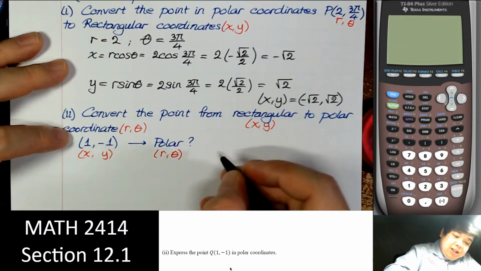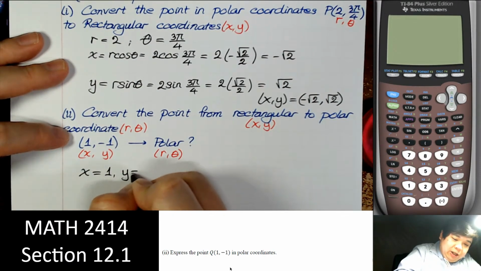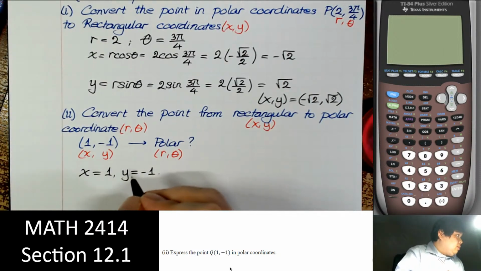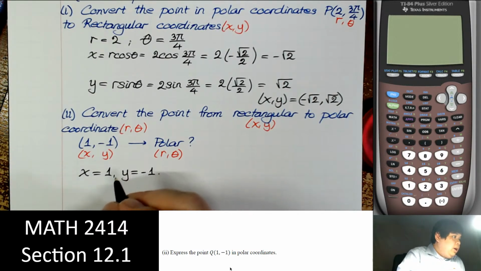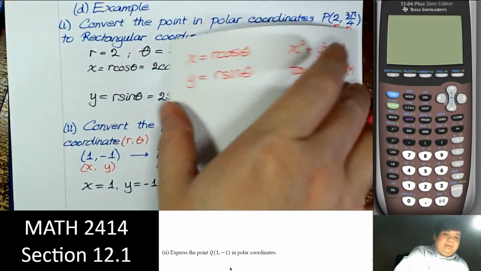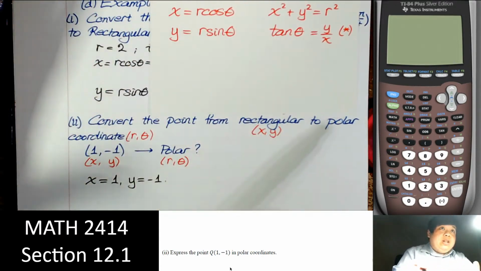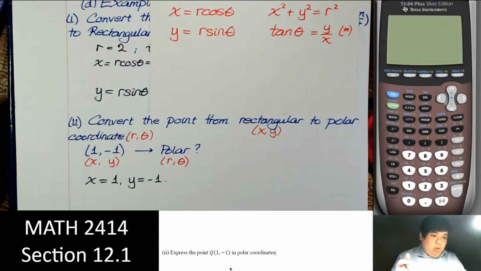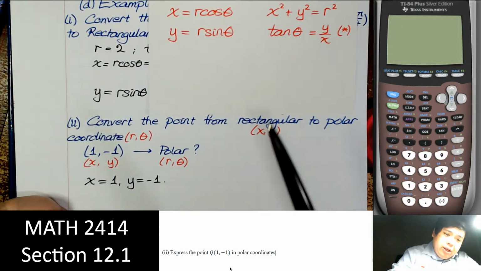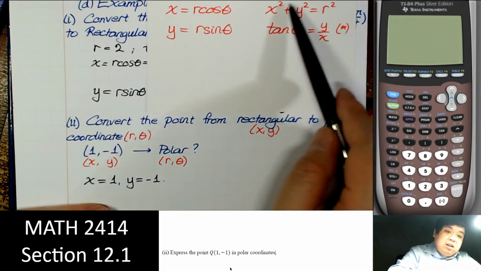So first, x is 1 and y is negative 1. How do we turn this into r and theta? Well, those are the formulas relating r and theta to x and y. So x squared plus y squared is r squared, and certainly we can get that from here.